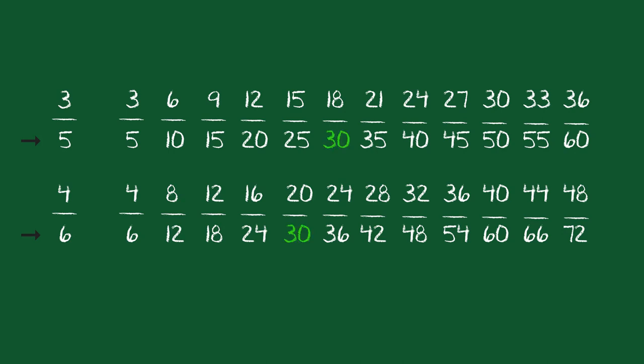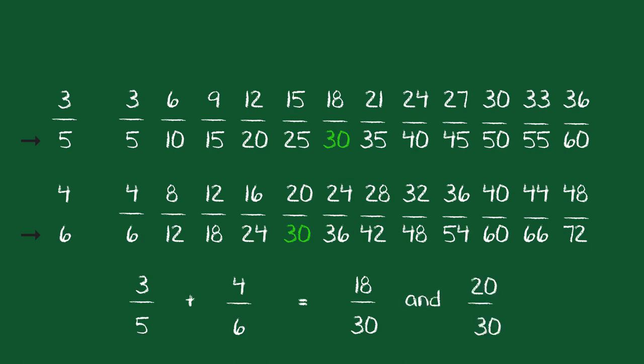So 30 is the least common denominator between the 5 and the 6. Now we circle that 18 over 30, bring it back over to the original problem, circle the 20 over 30, and bring that back over to the original problem. Now, 3/5 plus 4/6 equals 18 over 30 and 20 over 30.